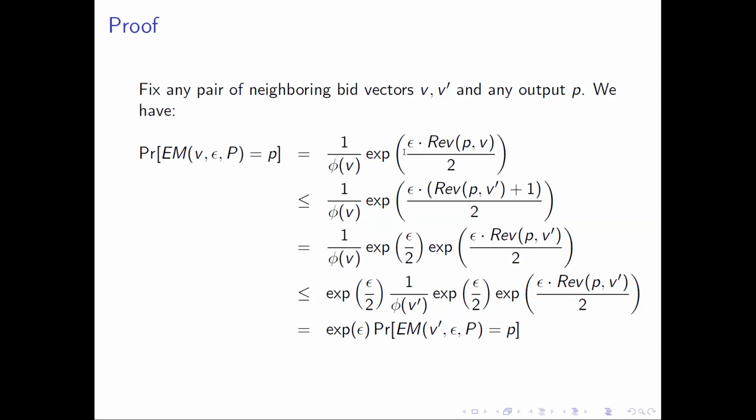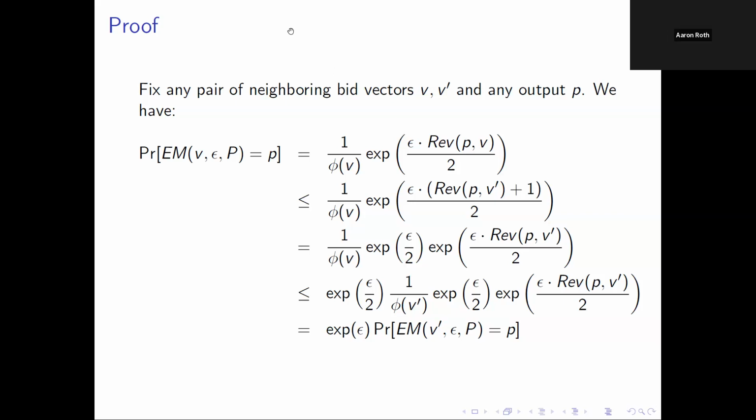And that is the definition of differential privacy, that the probability of any outcome, in this case a price, cannot substantially change as a function of the report of any single bidder.